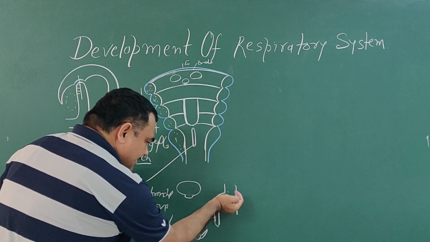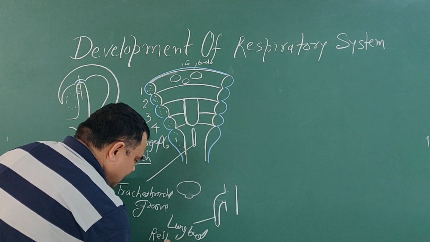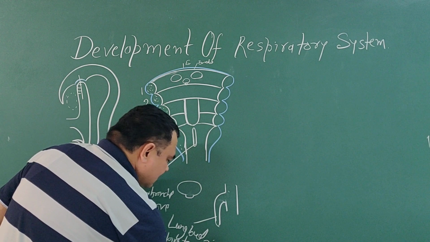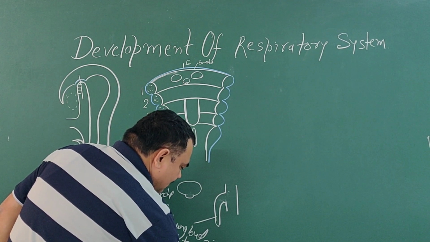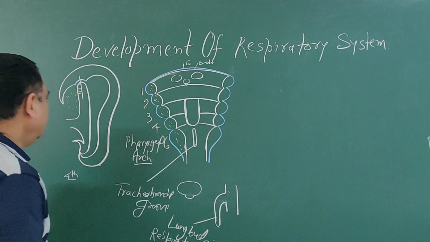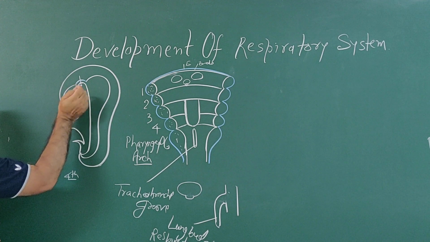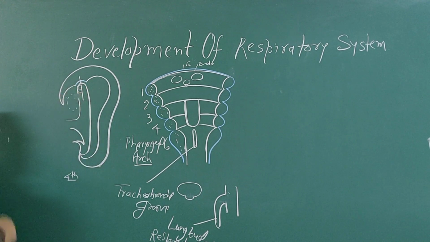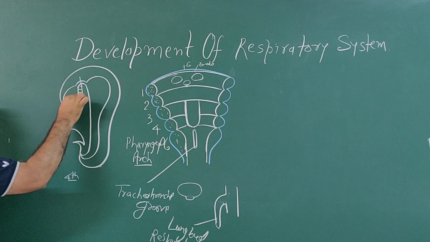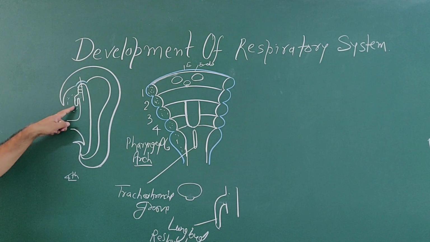So this is known as the respiratory diverticulum. It goes downward. In this diagram, here is the position of the respiratory diverticulum.